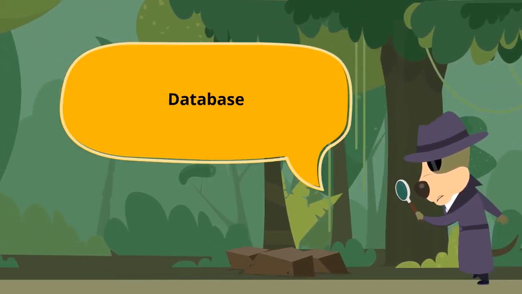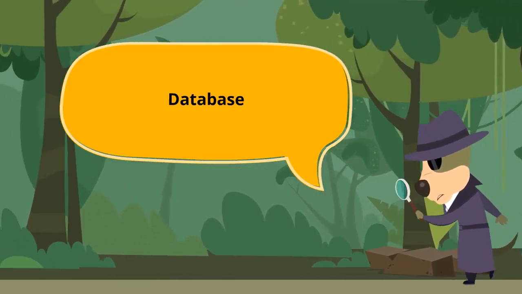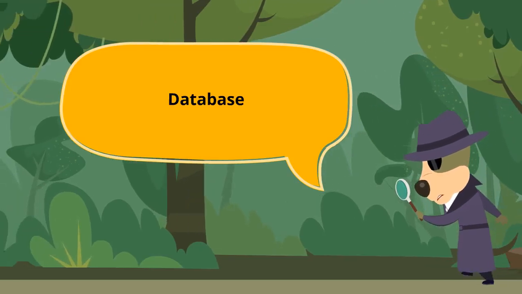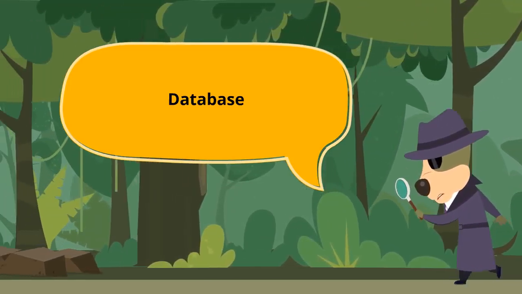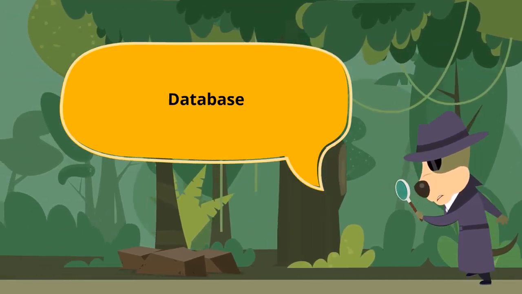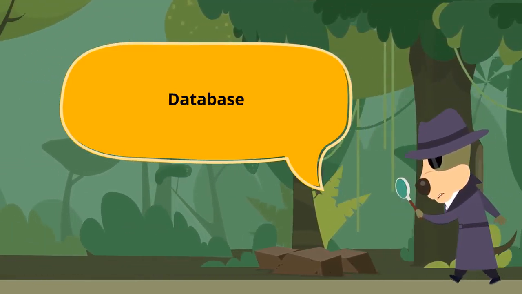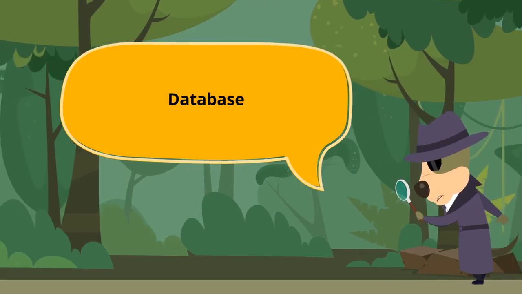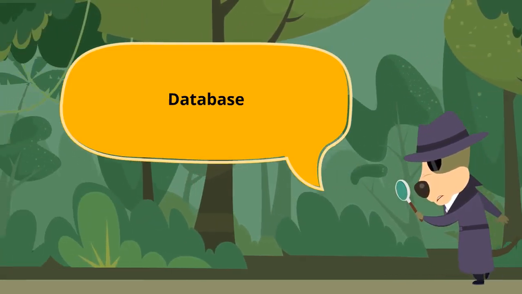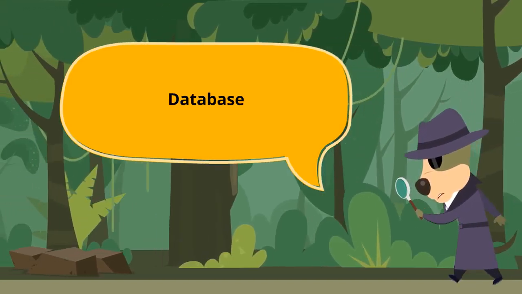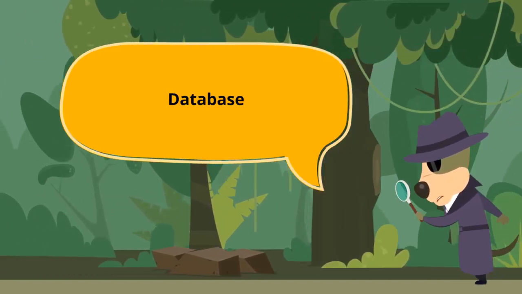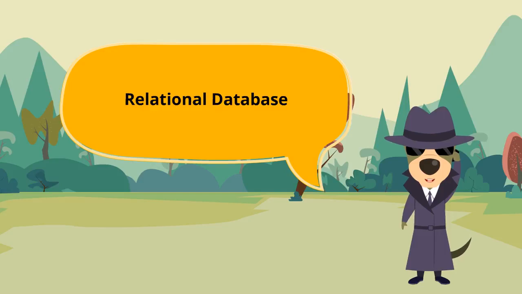What this allows is for the user to interact with the database and view the data, update it, and perform other operations on the database. It's like a middle layer the user goes through. A database management system is to a database for a human what a keyboard is to a computer.